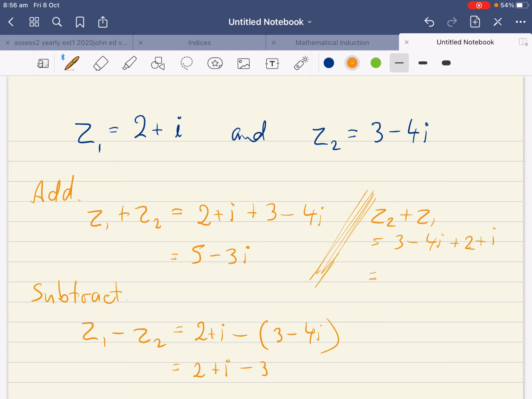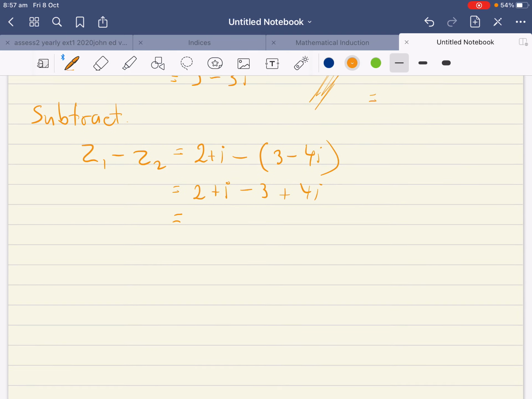So we end up with a -3. Two negatives make a positive. And of course, collect your like terms. And that's how you subtract complex numbers. Yeah, so pretty simple. As far as multiplying, again, let's say we're going to multiply these two complex numbers.